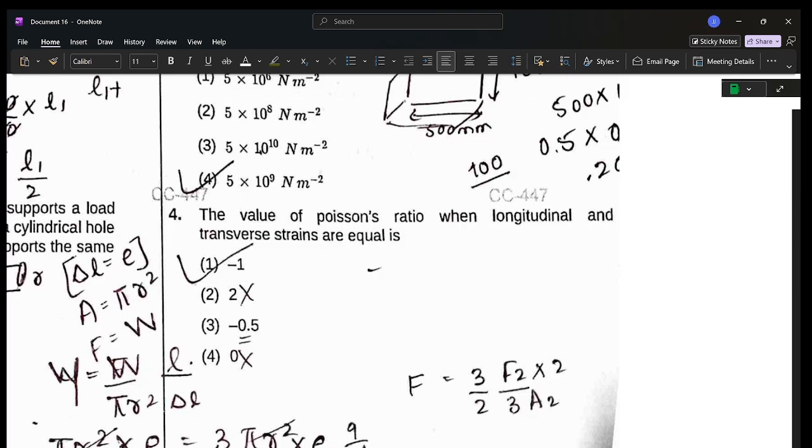How much lateral deformation happens compared to longitudinal deformation. So you write Poisson's ratio as lateral strain by longitudinal strain. And remember, it's only a number because both units cancel, so it has no unit.